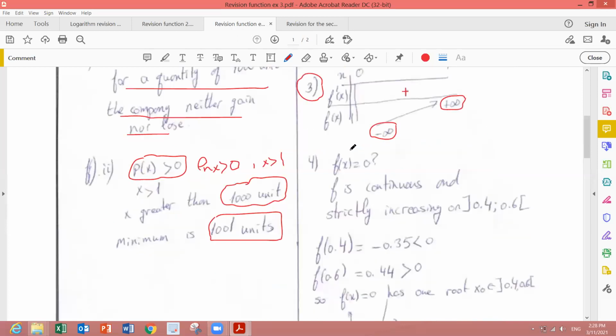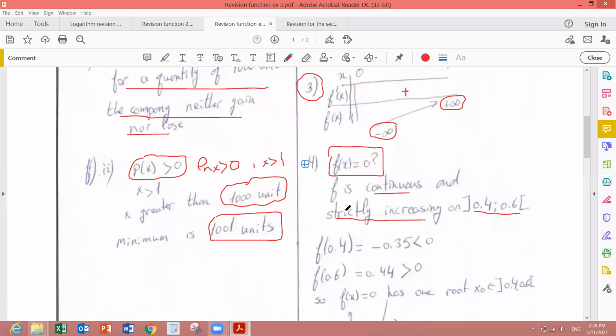Since C cuts the x-axis, f of x equals 0, since at the intersection between the curve and the x-axis, f of x equals 0. F is continuous and strictly increasing on 0.4, 0.6, as seen from the table.